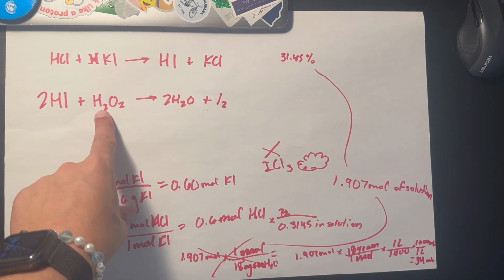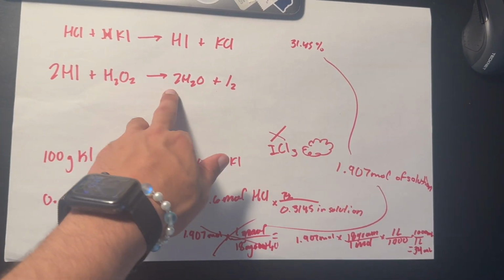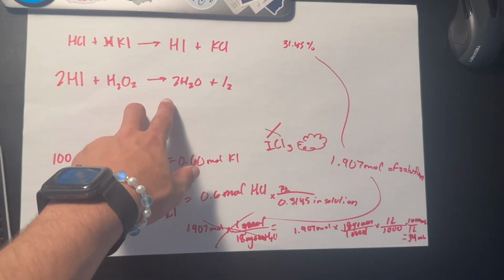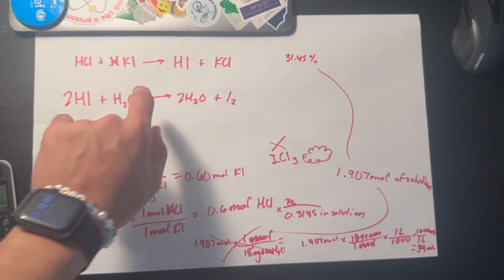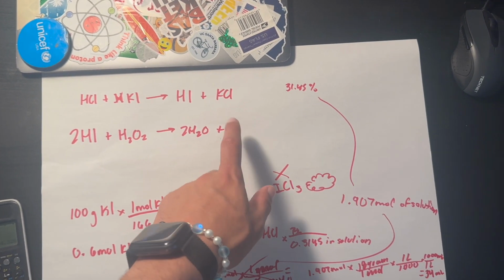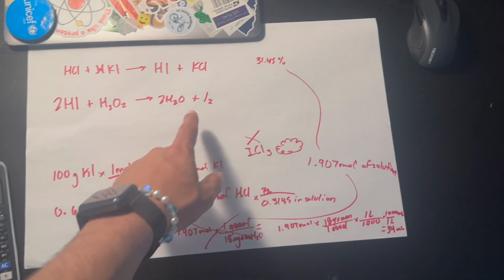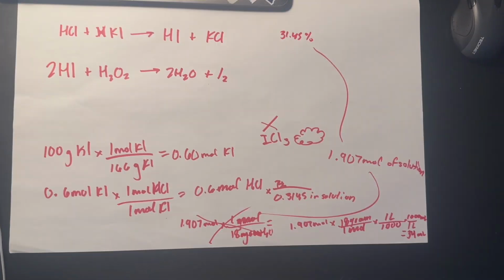And the amount of hydrogen peroxide I use doesn't really matter, because I'm just going to be draining all of it away with my vacuum filter, all the solution. So it'll just be until it all stops precipitating, and then I'll vacuum filter out my precipitate of iodine.